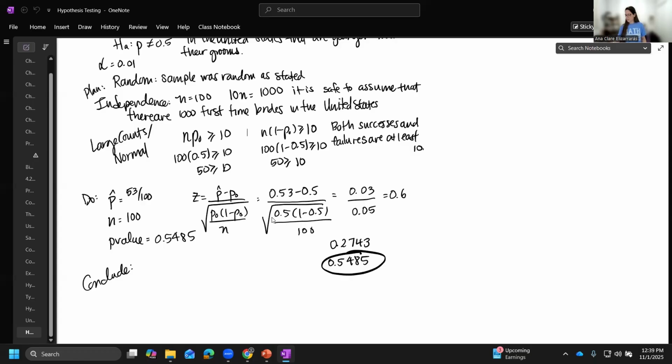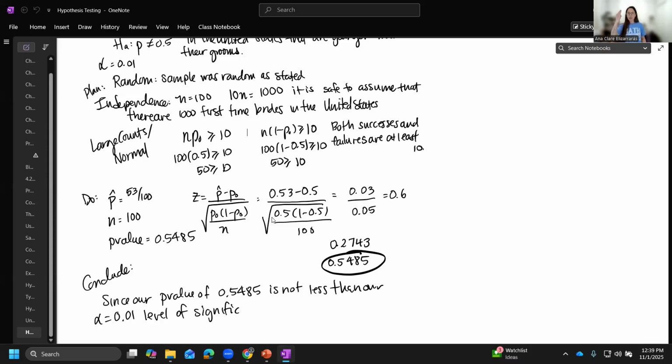So since our p-value of 0.5485 is not less than our alpha equals 0.01 level of significance: not less, not reject, no evidence.